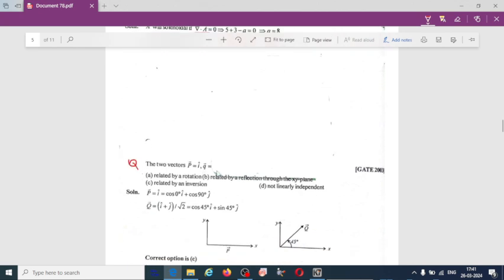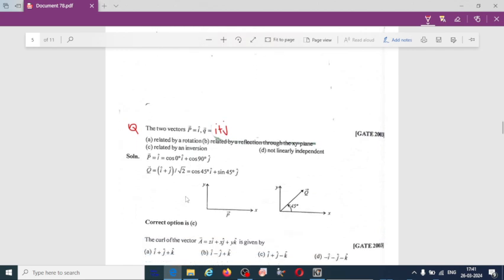If two vectors P is equal to I cap, Q is equal to I cap plus J cap, how are they related? P, I cap, if you write in terms of cos, is cos 0 I cap plus cos 90 J cap. So Q is I plus J cap by root 2, at 45 degrees.